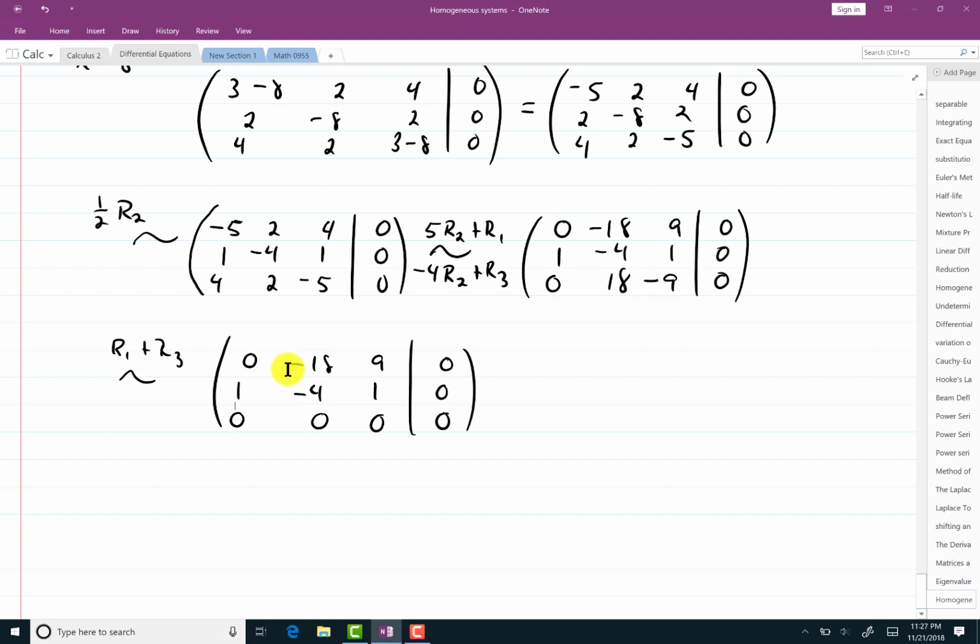Then here, I'm going to multiply the first row by negative 1/9. I'll get 0, 2, negative 1, 0, 0, negative 4, 1, 0, 0, 0, 0, 0.